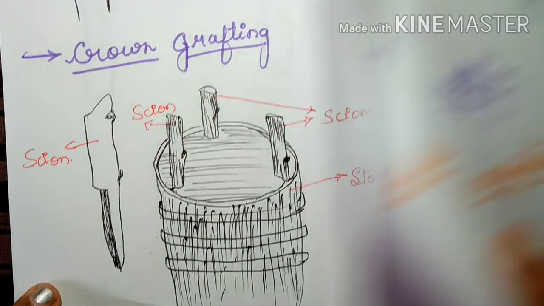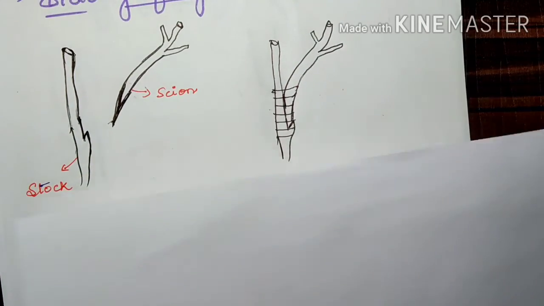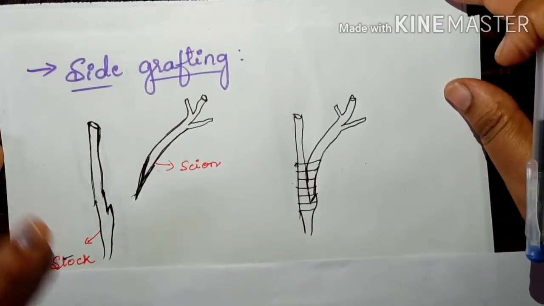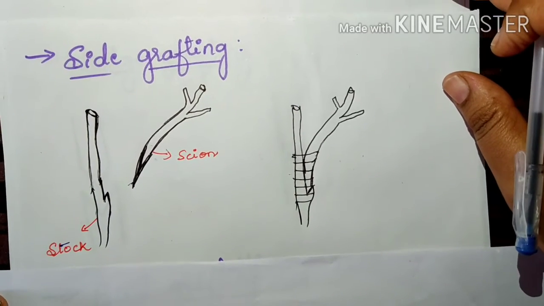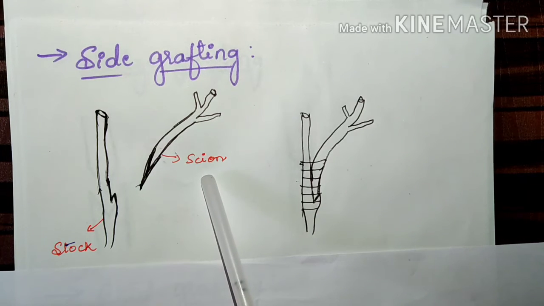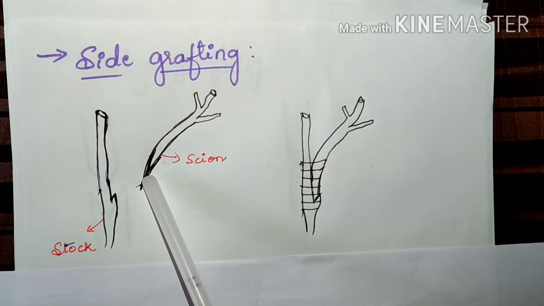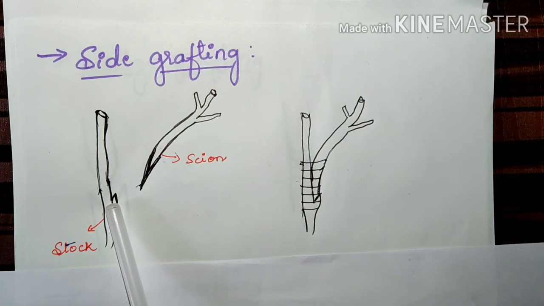The next one is side grafting. In side grafting, a single scion having a wedge-shaped cut is inserted in a lateral slit of the stalk.